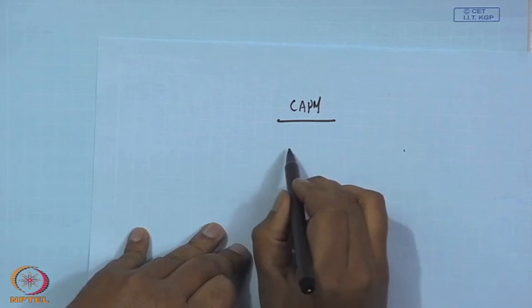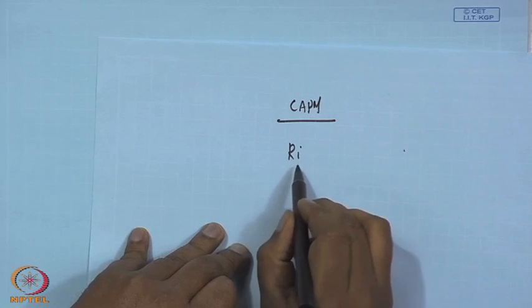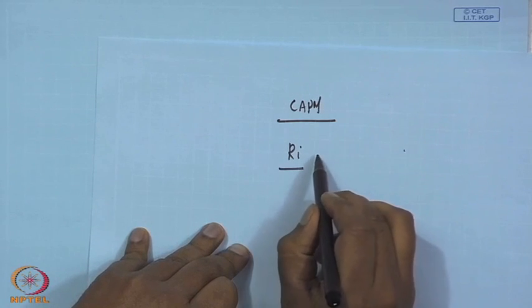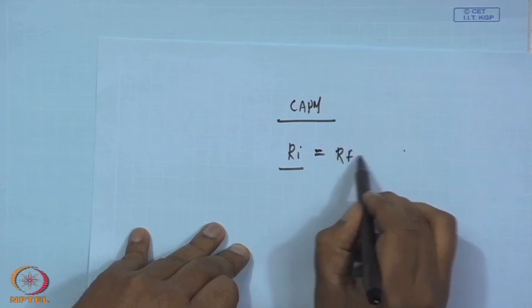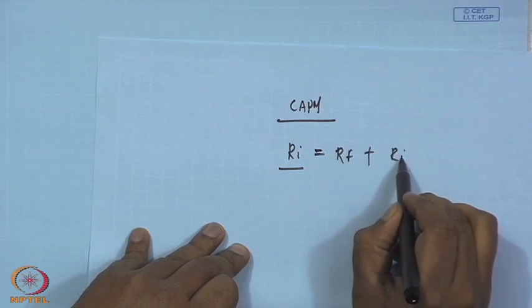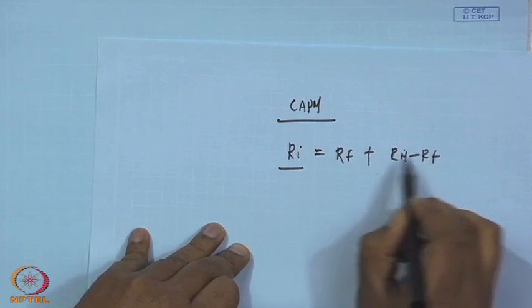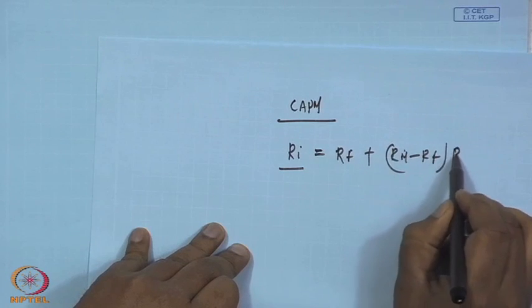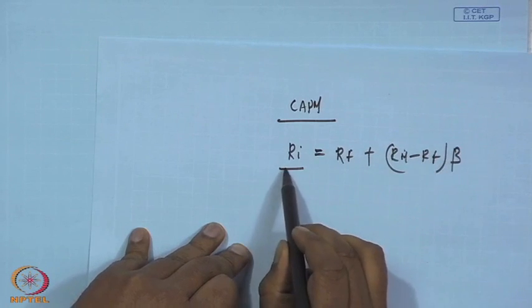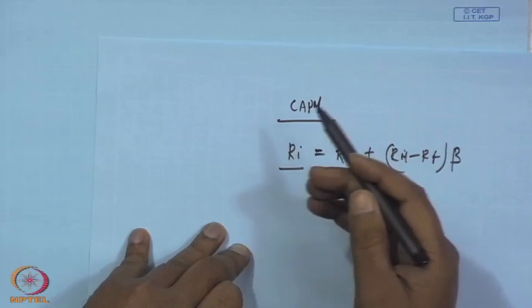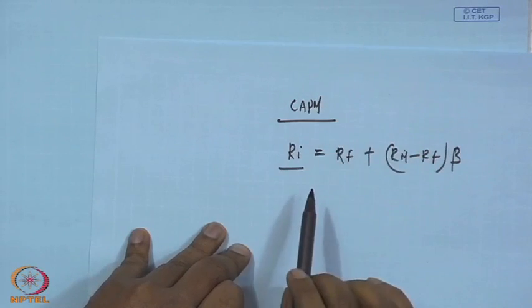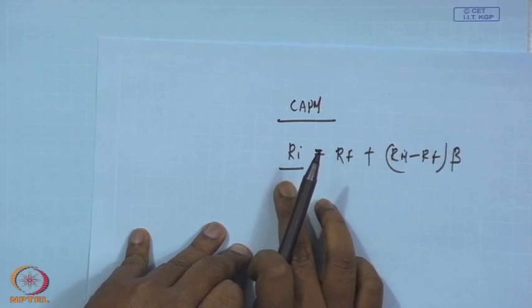Suppose the cost of equity is RI, then we have the risk free interest rate plus the market return minus the risk free interest rate, into the beta of the company. Here RI is the cost of equity or return from the equity, or the return from a capital asset, primarily equity here.